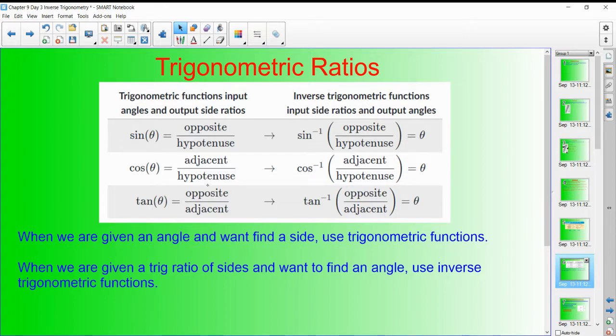We put the angle in, we have one of the adjacent or the hypotenuse or the opposite, and the missing side is x, we solve for it. When we want to find the angle, we're going to use inverse trigonometry. Now on your calculator, there's an inverse button, and that's going to be super important when we want to find the angle. So let's take a look at a few examples.